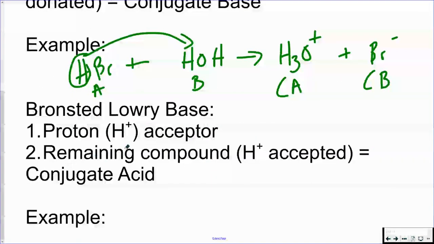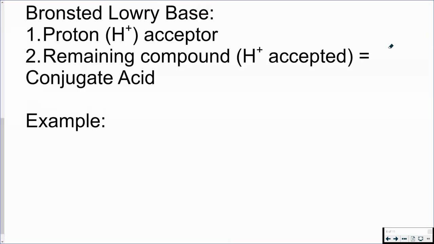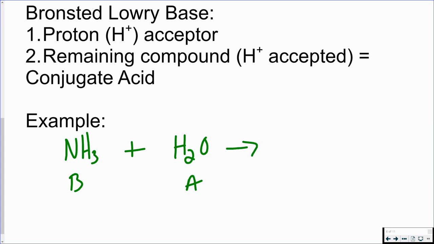Now we are dealing with hydrogen acceptors, and the one that accepts the hydrogen becomes the conjugate acid. Just like what we showed up top, except now we're focusing on a base. So NH3, ammonia, is a base. This time water acts as the acid.